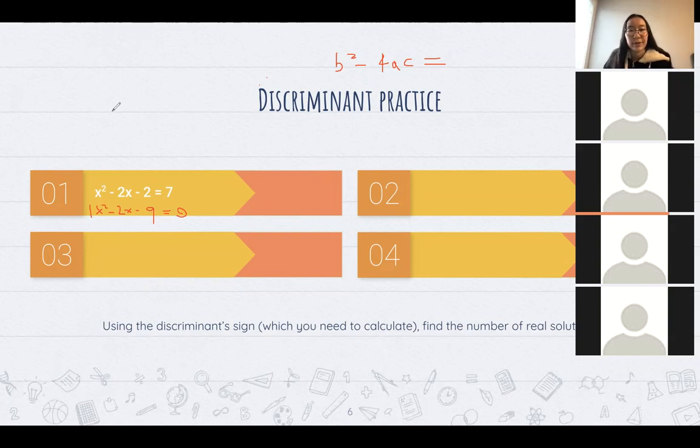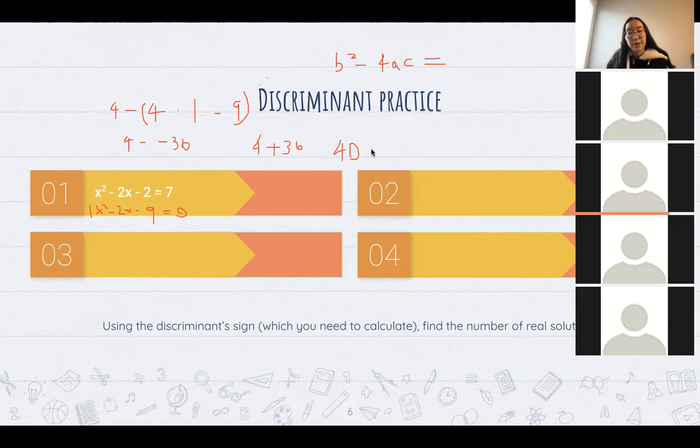So b squared minus 4ac, b squared is -2 squared, which equals 4. Minus 4ac is going to be minus 4 times 1 times -9. So that would be 4 minus -36, and 2 negatives make it positive. So that'd be 4 plus 36. So the discriminant equals 40, if I haven't done something wrong.